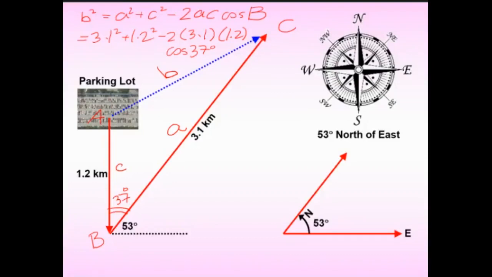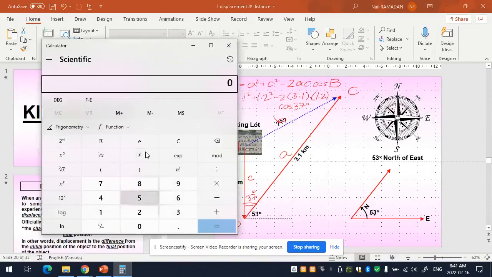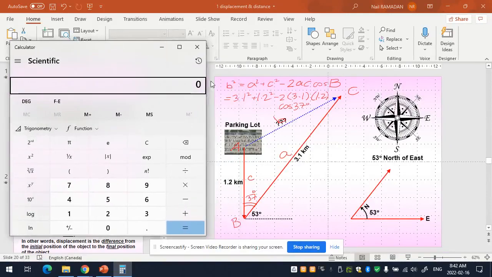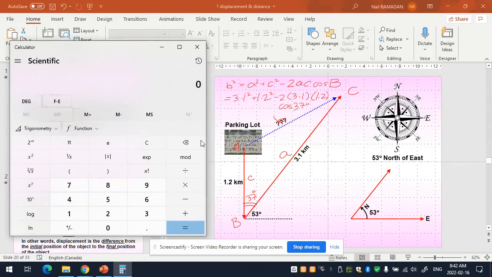So let me just end the show here. I'm a big fan of, when I have such a big complicated calculation, starting with the big part. So I'm going to start with the cosine of 37. Make sure you're on degrees. So 37 trig cosine times 2 times 1.2 times 3.1. So apparently after the minus sign, you should have 5.9418.